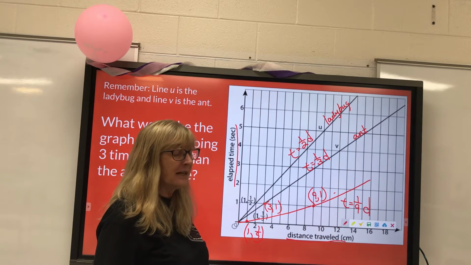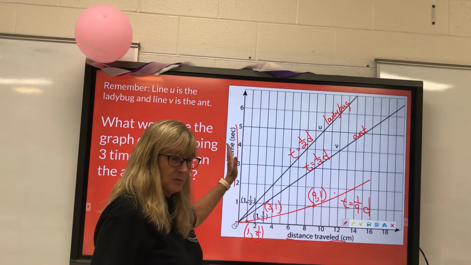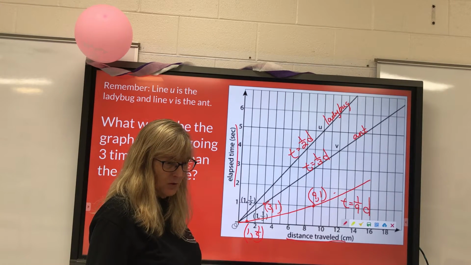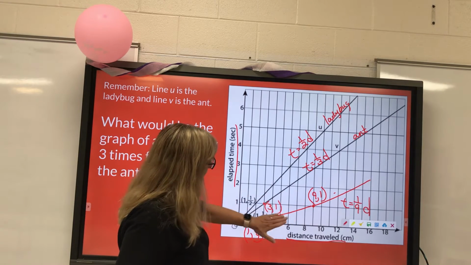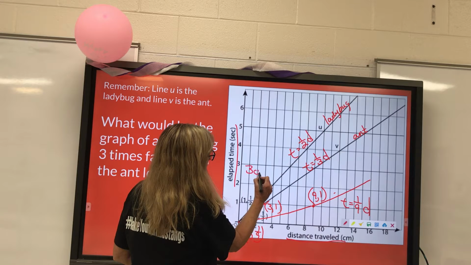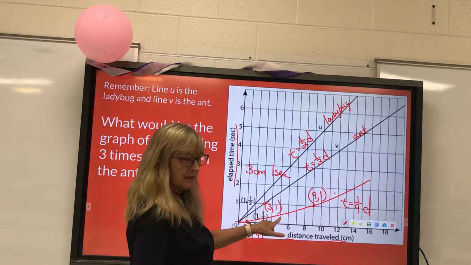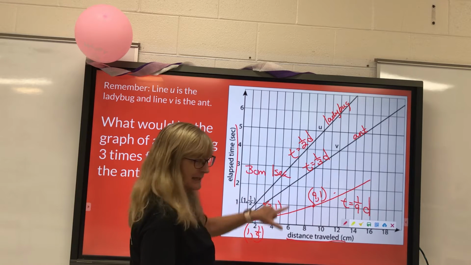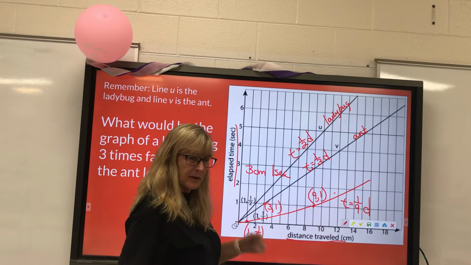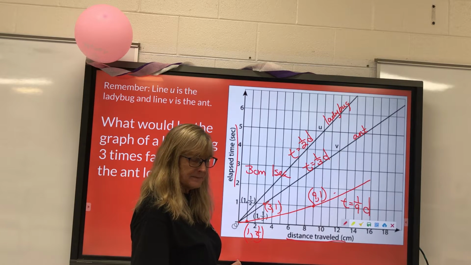So you have to be careful about what the x-axis means and what the y-axis means, okay? Which is why I picked a point and I said that means 3 centimeters in 1 second. Yes, that is 3, 1. But what does it mean in this story? And that helps me to understand what's going on. Okay?